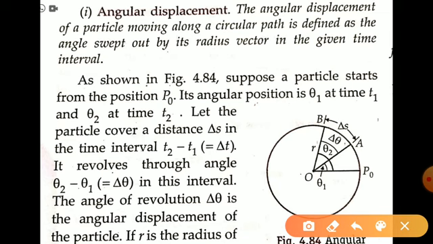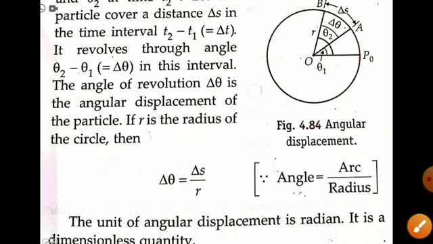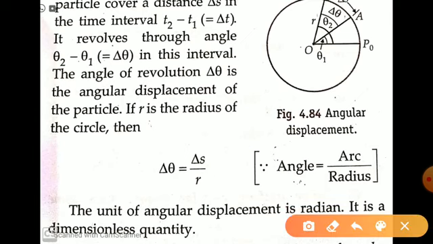The angular displacement is a vector quantity and its unit is radian. Why is the unit radian? Because you can calculate it as shown in the figure. This angle theta is equal to arc upon radius.